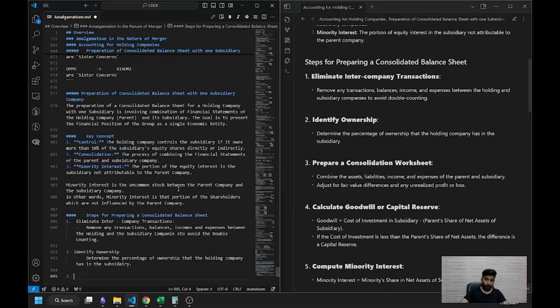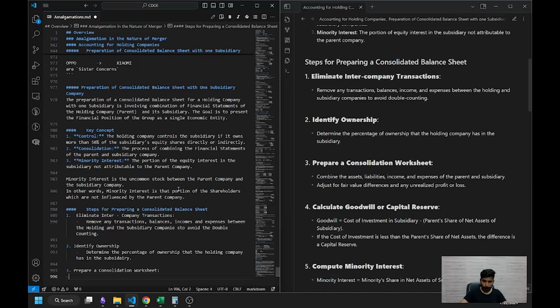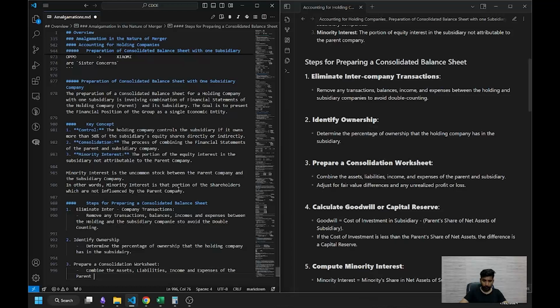In the third step, we prepare a consolidation worksheet. Combine the assets, liabilities, income and expenses of the parent company and the subsidiary.